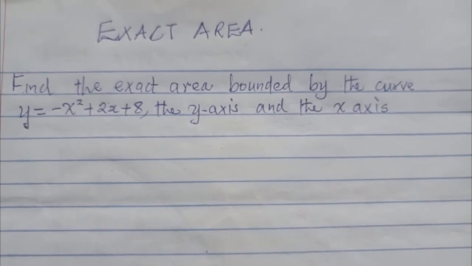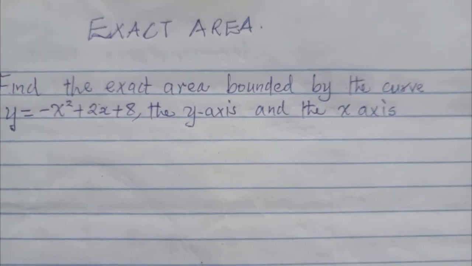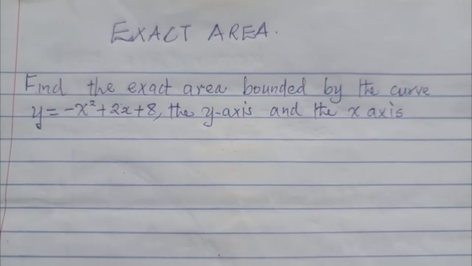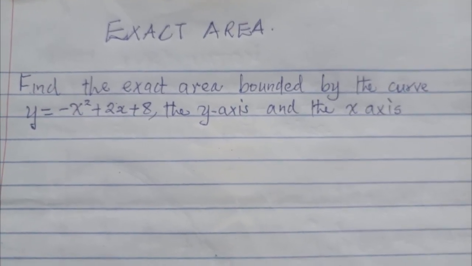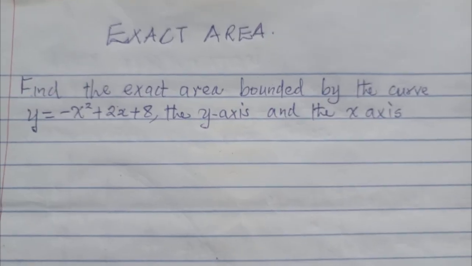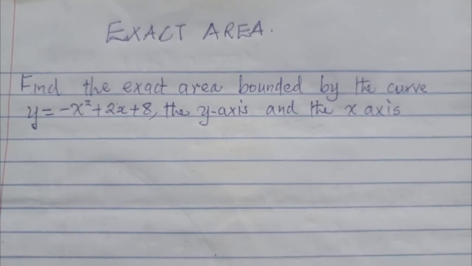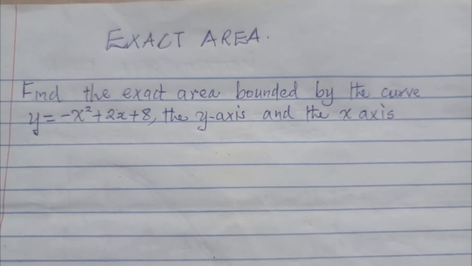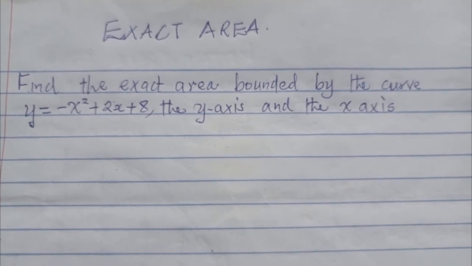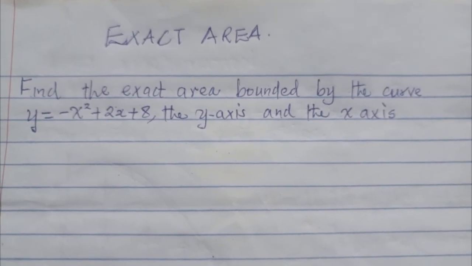Now, in my past few videos, two of them to be exact, I've talked about area approximation. The first time we talked about area approximation by the mid-ordinate rule. Then we looked at area approximation by the trapezoidal rule.